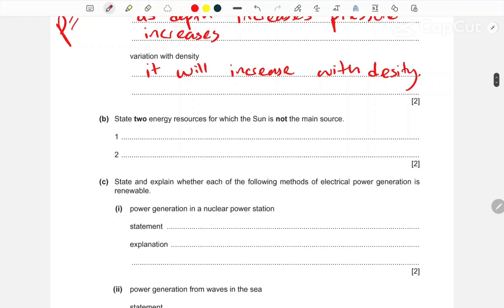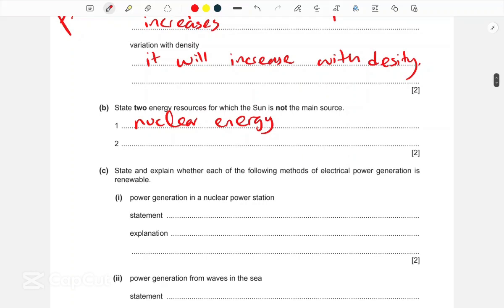B. State two energy resources for which the sun is not the main source. So most of the energy sources on the earth are from the sun. So the specific ones which are not from the sun, one of them is nuclear energy, because nuclear energy is formed when two atoms fuse together and they release energy, or one atom is hit by a fast moving neutron.